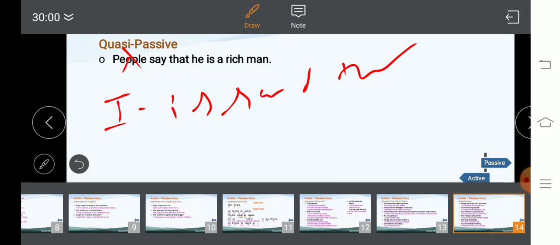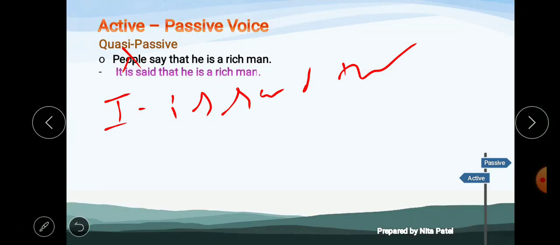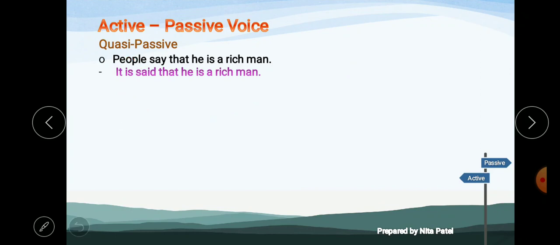It is somewhat like direct indirect. I have cut this people, instead of it I have written it. Now simple present is there, so is here. V3 form I have to write. So it is said that, the same structure, same sentence I have written.